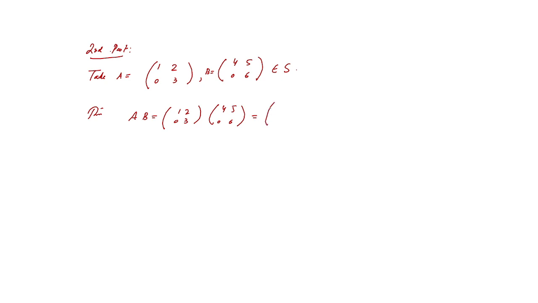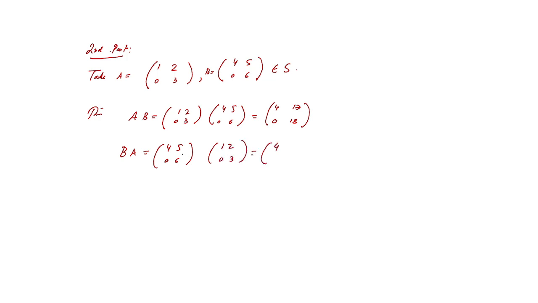So that will be 4, next 5 plus 12, 17, next 0, next 18. And BA is [4, 5; 0, 6] times [1, 2; 0, 3].